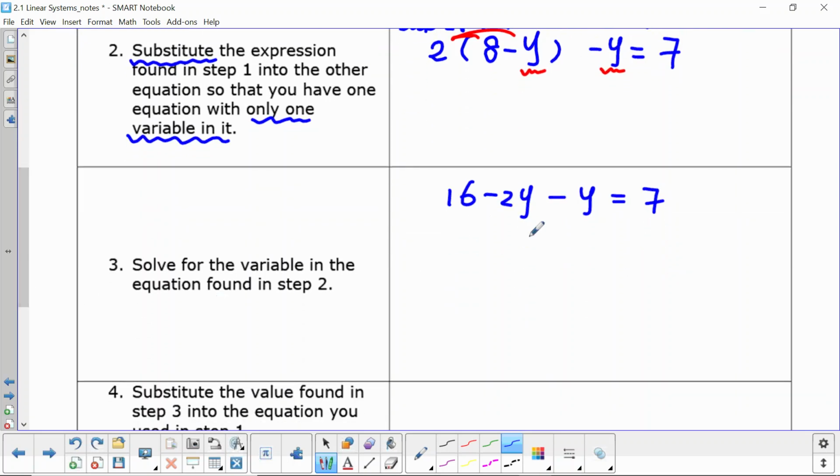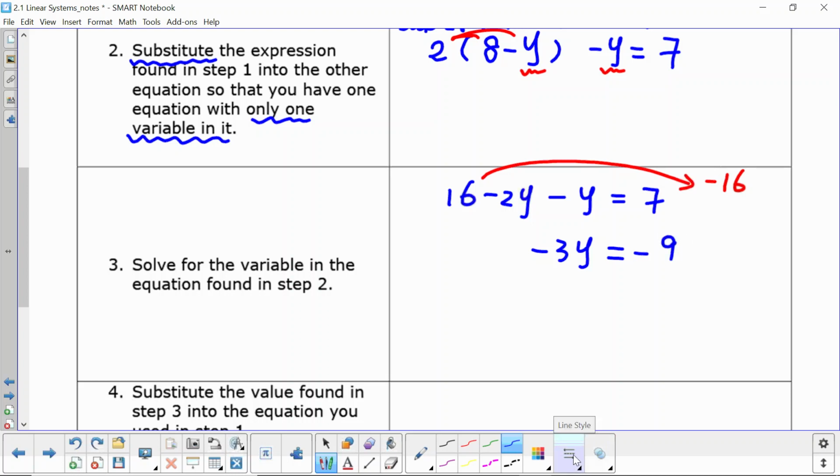In order to solve, we want y by itself, so we don't want to see the 16 on the same side as y. So we do the opposite operation, minus 16. Minus 2y minus y gives you minus 3y. That equals 7 minus 16, which gives you negative 9.